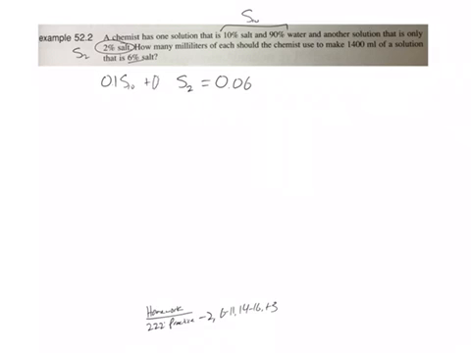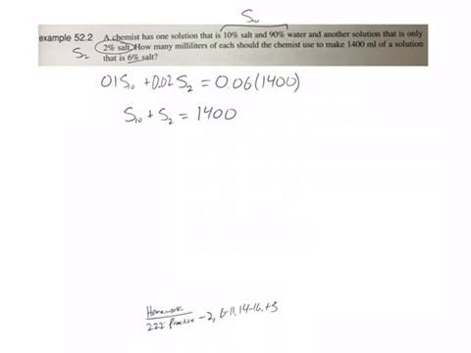It should be 0.02. And then this is going to be times that 140 milliliters. Our next one is going to be S sub 10 plus S sub 2 equal to 140.